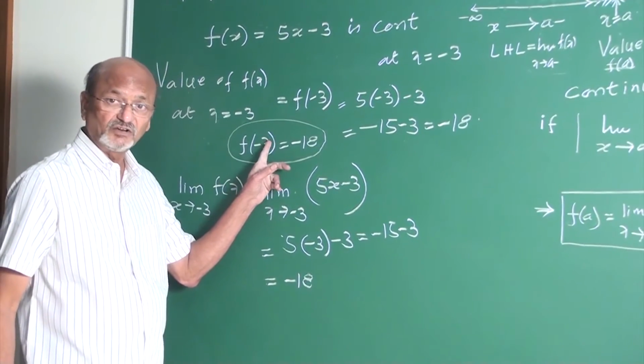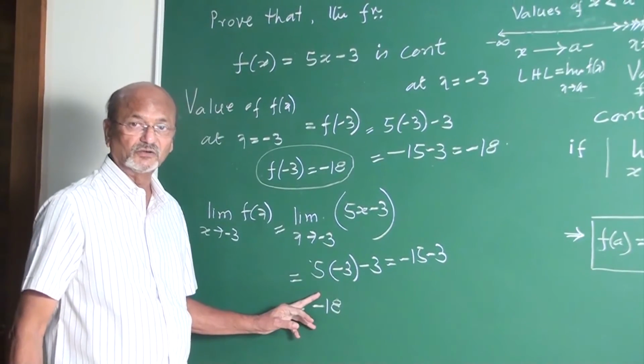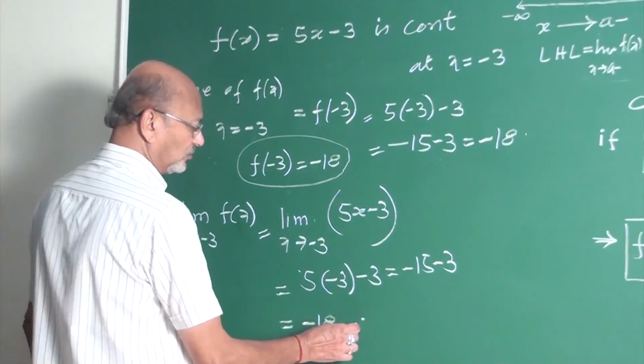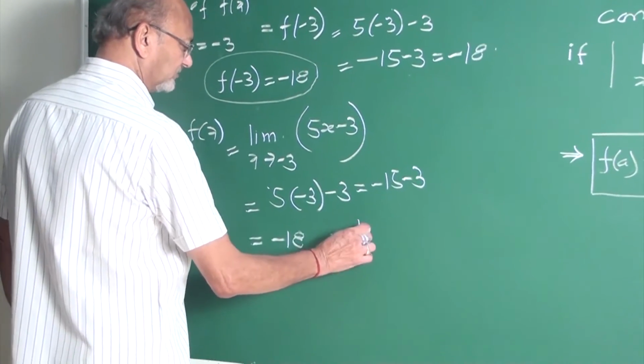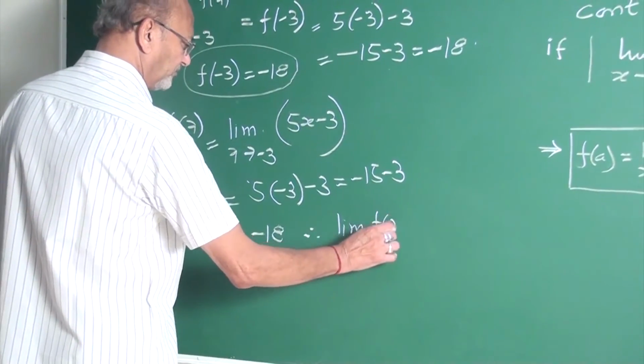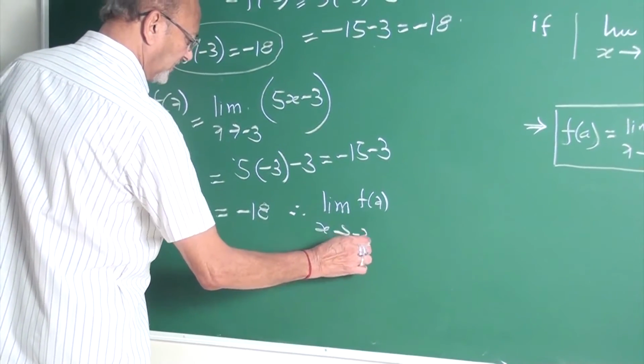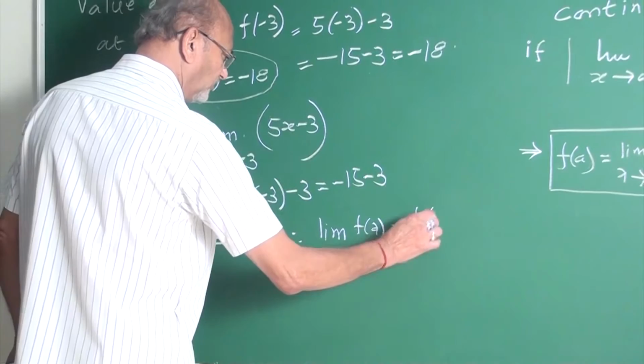This is the functional value, this is the limiting value. In this case, both are equal. Therefore, limit of f(x) as x tends to minus 3 equals f of minus 3.